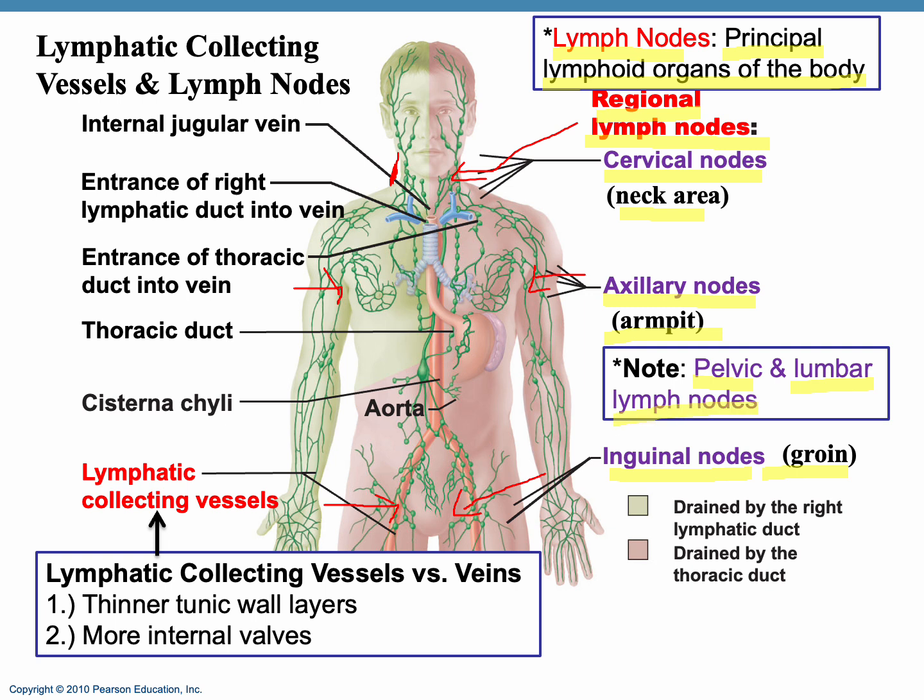Those are major areas where lymph nodes are found. And definitely important to be aware of that. Down here, we look at the comparison of lymphatic collecting vessels versus veins. Differences here include thinner tunic wall areas and more internal valves. But the big thing to get off of this picture is the understanding of the various locations where we find these lymph nodes.